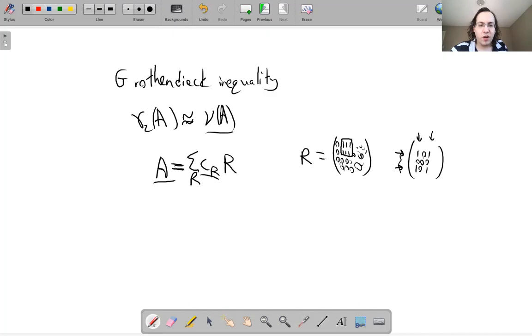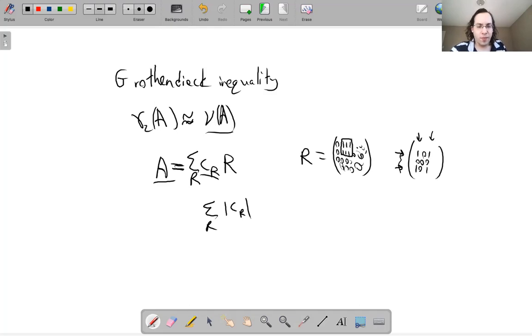Now, these are the coefficients of the linear combination. So for each decomposition of A, each time we write A as a linear combination of rectangles, we can ask how much coefficient did we use. So we can ask, what is the sum over R of the absolute value of c_R?